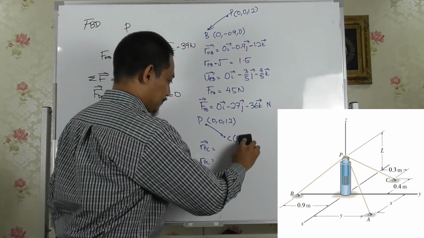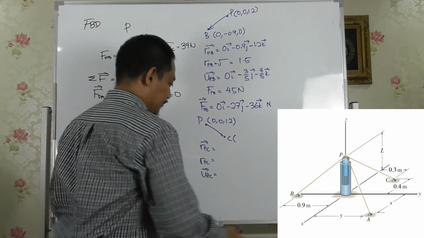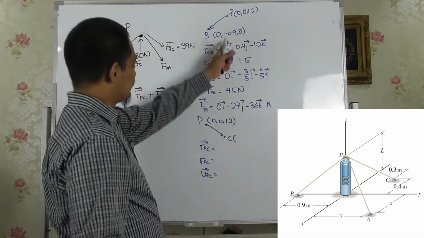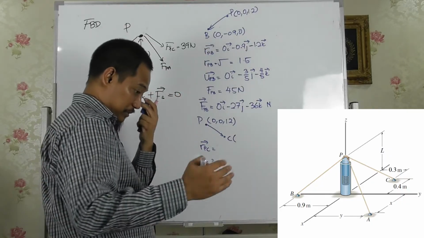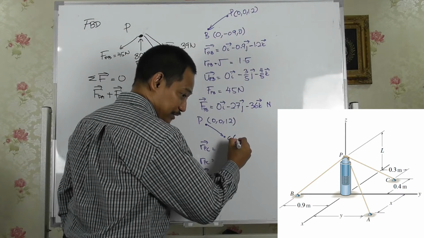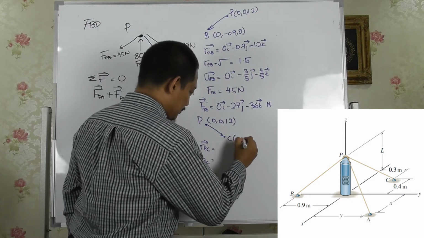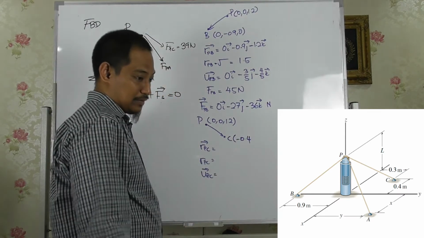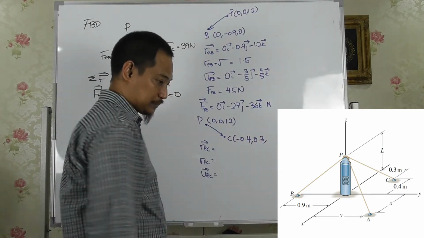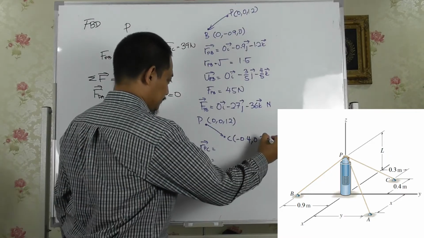Okay, wait. This one is correct, right? X is this one, y is that one, right? So x is minus 0.4, y is 0.3, z is 0.